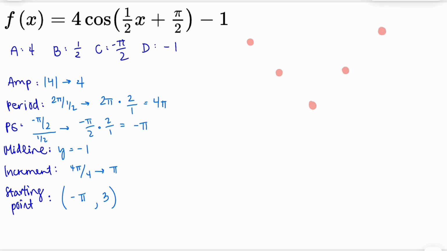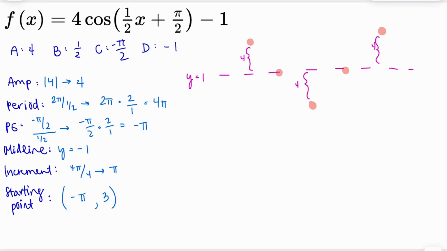Because this hasn't been reflected, it's going to be like a V, right? And I always like to do the vertical stuff first because I think it's easier. So this is my midline, y equals negative 1. This distance, and this distance, is all 4. My amplitude is 4.